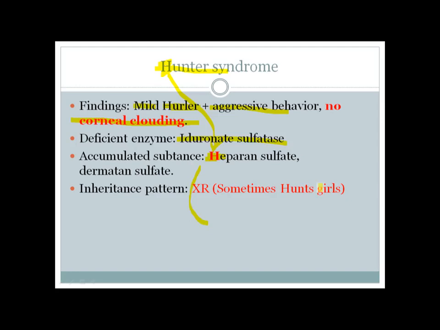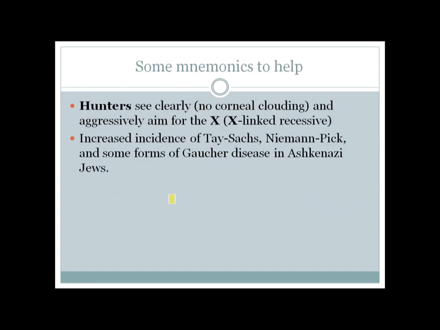Very importantly, Hunter syndrome is another disease which also has an X-linked recessive pattern of inheritance. Okay, so you can remember it. In Hunter syndrome, the hunters sometimes hunt girls, and girls have X chromosomes, so X-linked recessive inheritance.